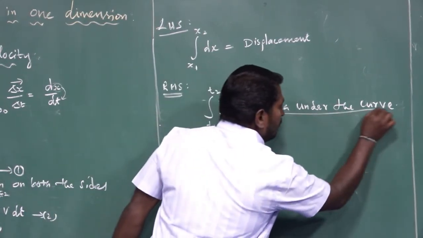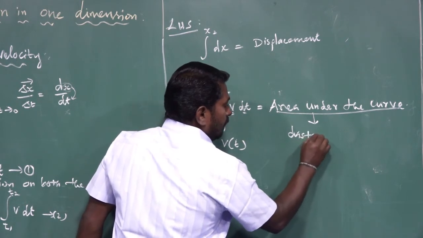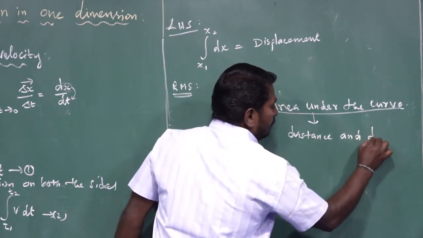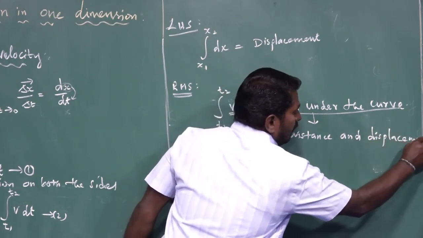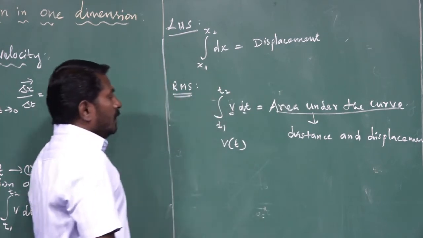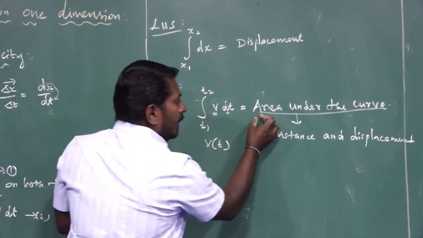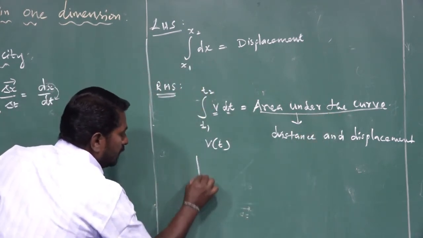So area under this curve will give distance and displacement. This entire term gives the area under the curve in the velocity versus time graph.